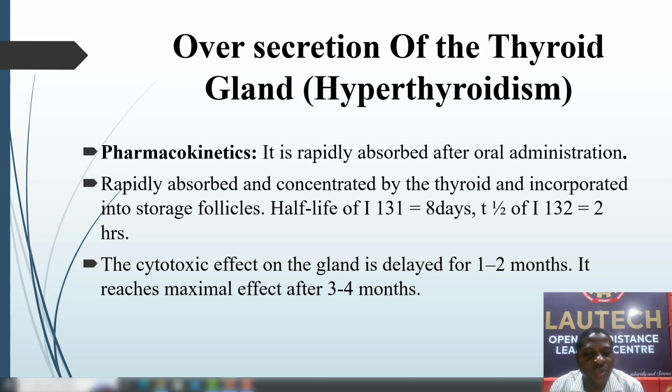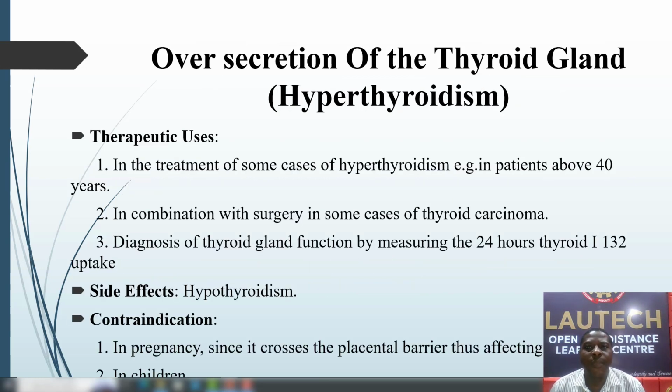So the cytotoxic effect on the gland is delayed for 1 to 2 months, reaches maximum effect after 3 to 4 months. Then the therapeutic uses: treatment of some cases of hyperthyroidism, e.g., in patients above 40 years, in combination with surgery in some cases of thyroid carcinoma, diagnosis of thyroid gland function by measuring the 24-hour uptake of isotope 132.